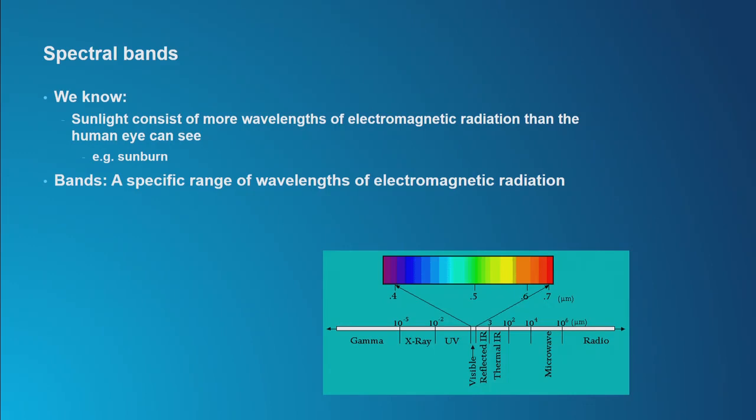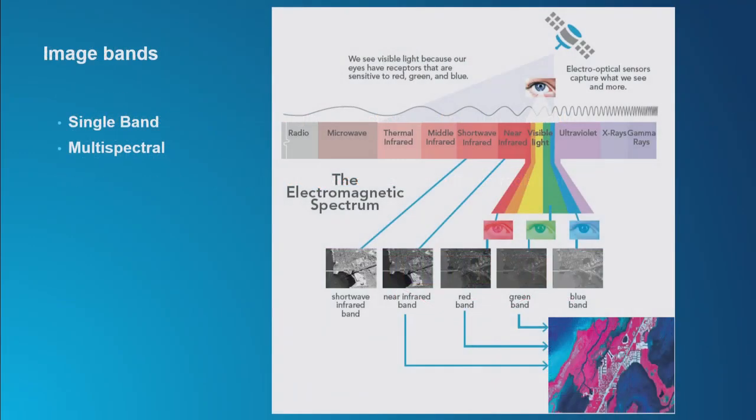And based on that knowledge, when we apply it to imagery, we have single band imagery, where an image is basically just made up of one single wavelength range. For example, a black and white photo would be like that.